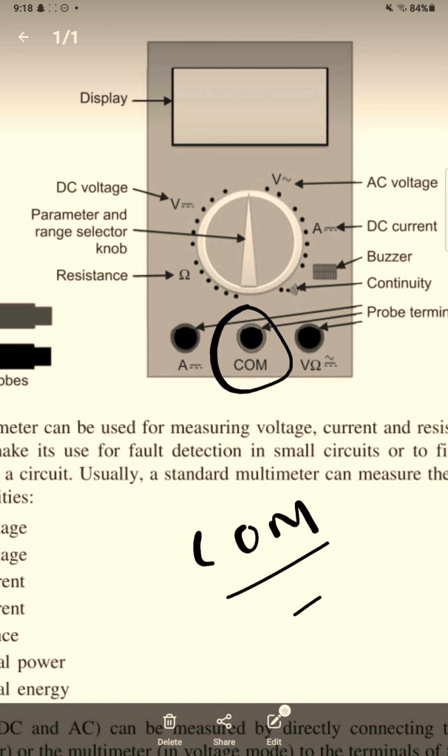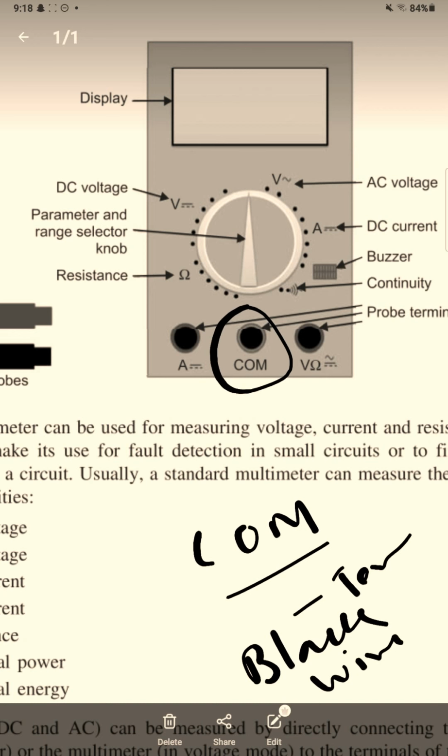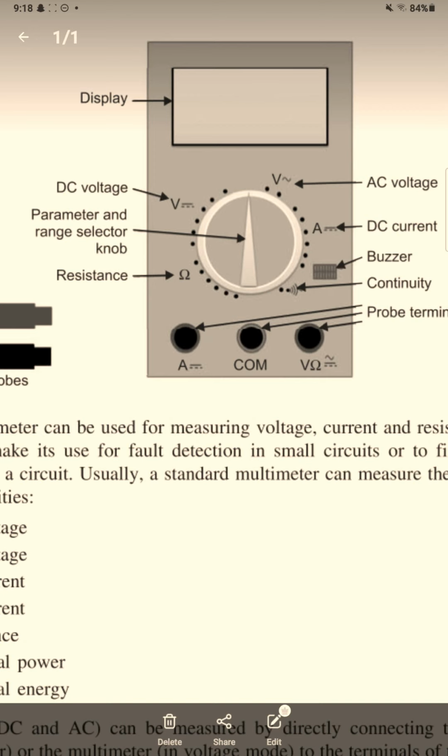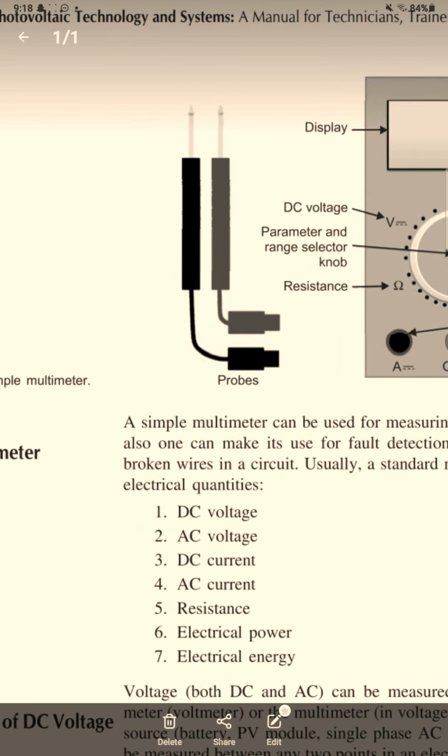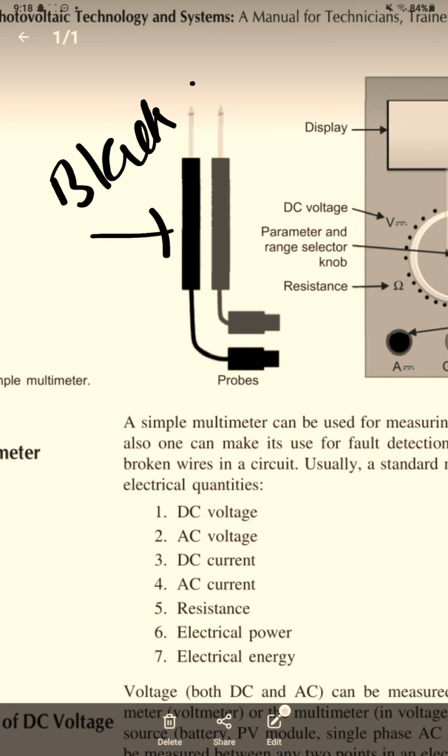Basically, COM is the negative terminal, and mostly black wires or black probes, like this. This is a black probe that is attached to the common.